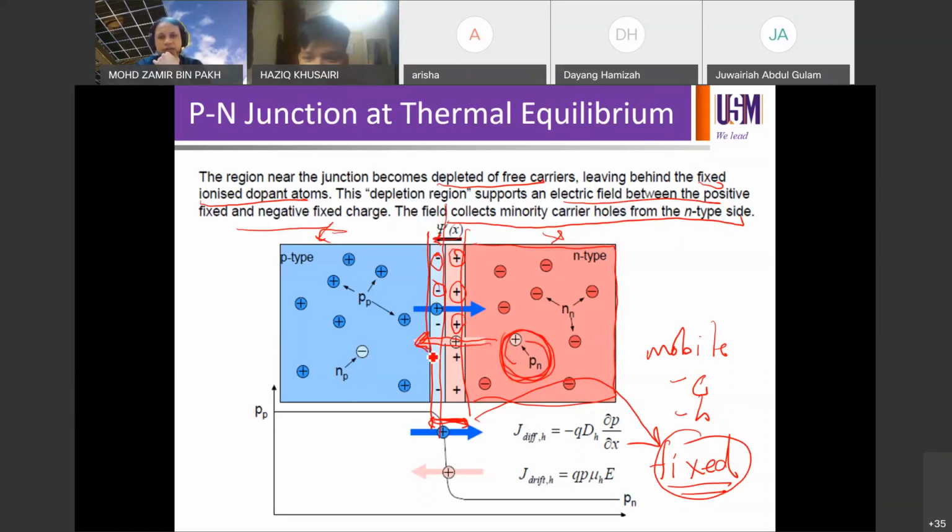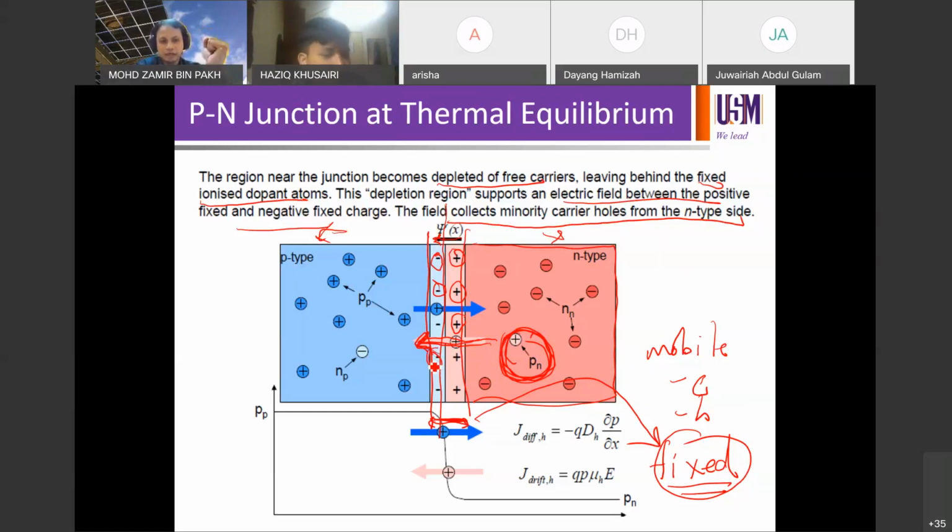So this is the minority carrier holes in the N-type, which will be withdrawn by the force due to the charges in the depletion region.